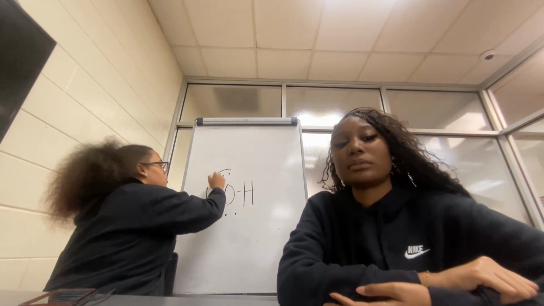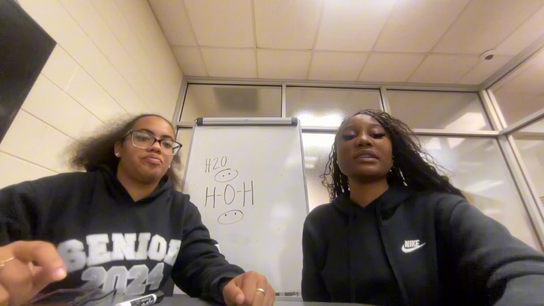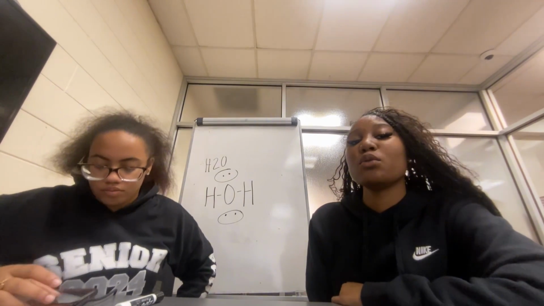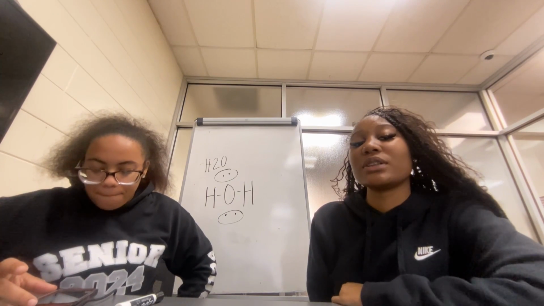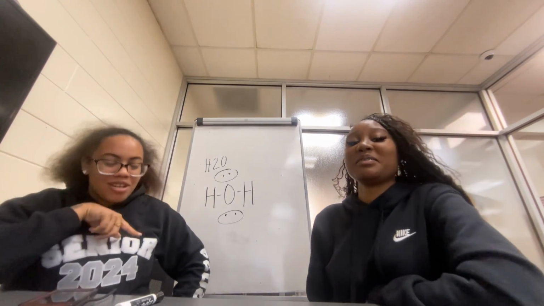So these are the bonds of H2O. Lewis dots help us see who's bonding with who, kind of like the chemistry version of Love Island. Except with electrons, not emotions.